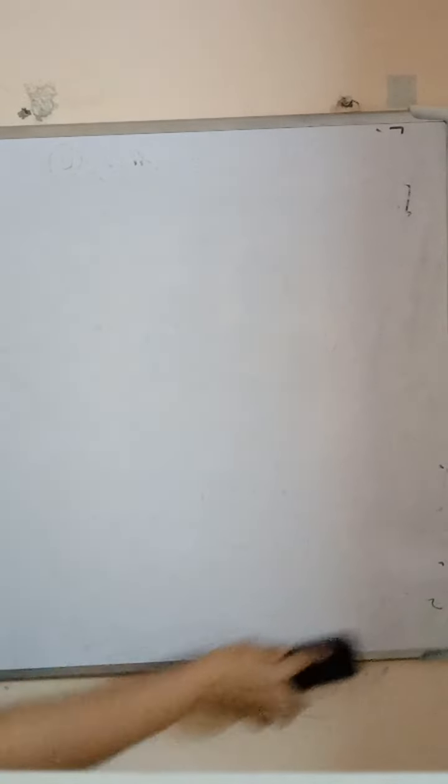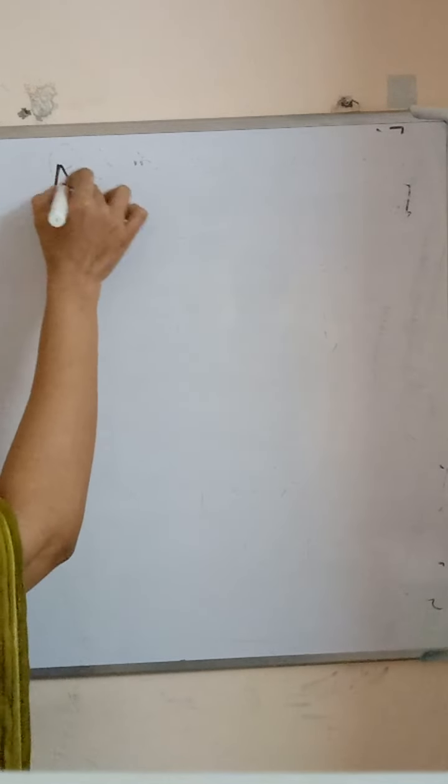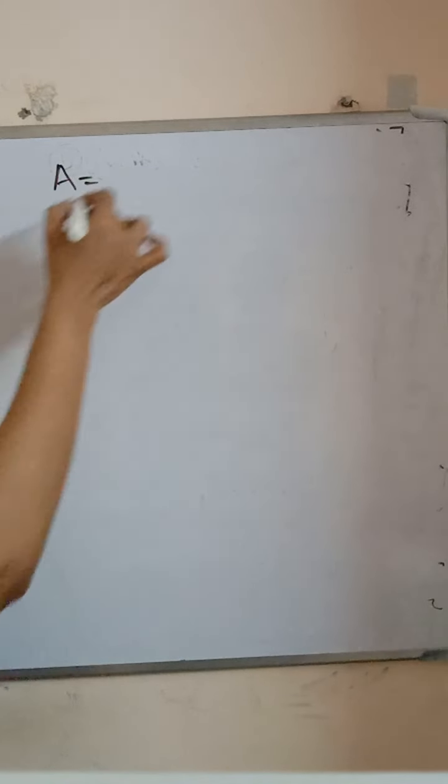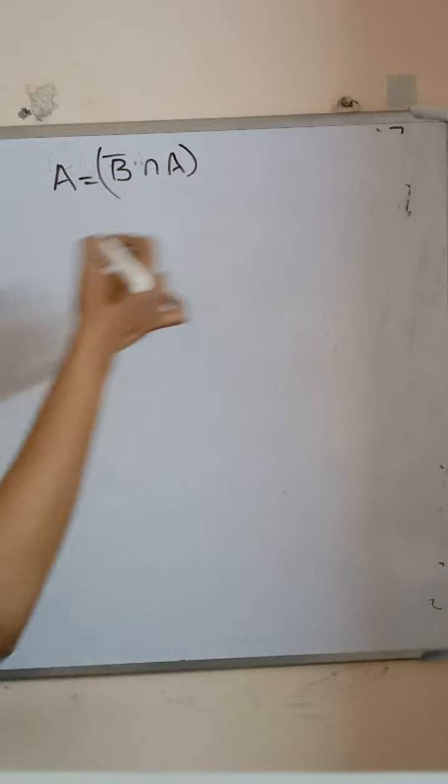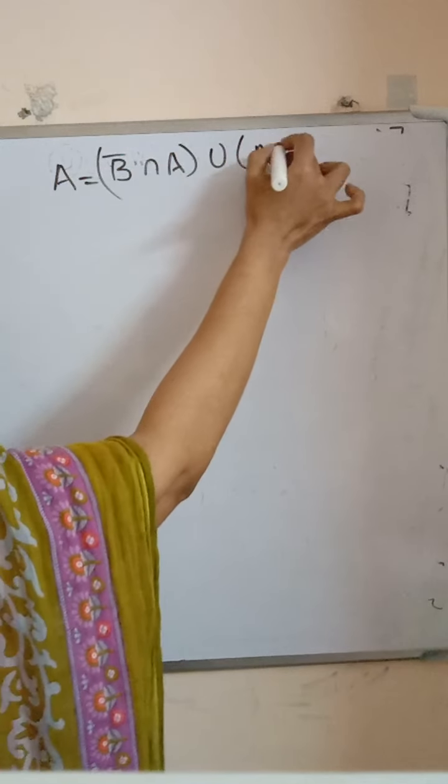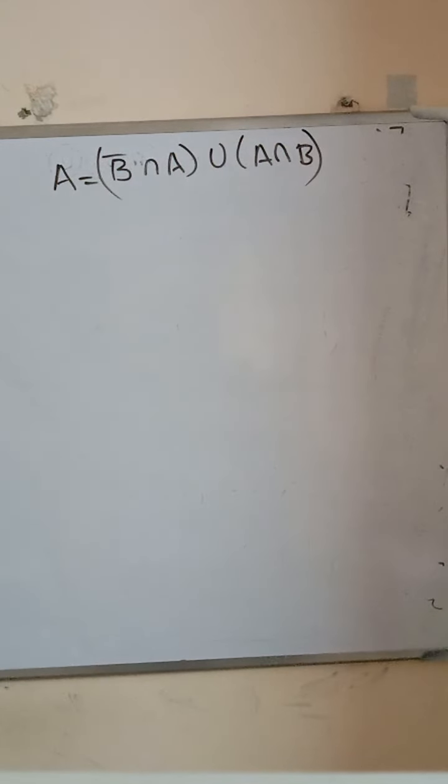Next problem: write the dual of each of the following statements. First one, A is equal to B complement intersection A union A intersection B. We know that the dual of a statement is obtained by replacing the union operation by intersection and the intersection operation by union.